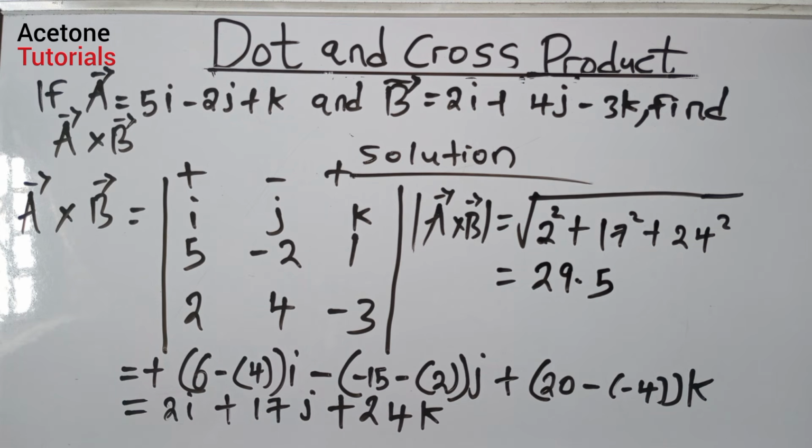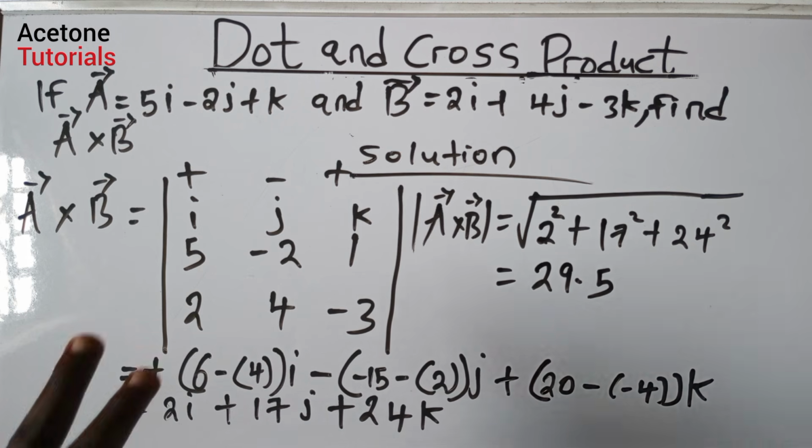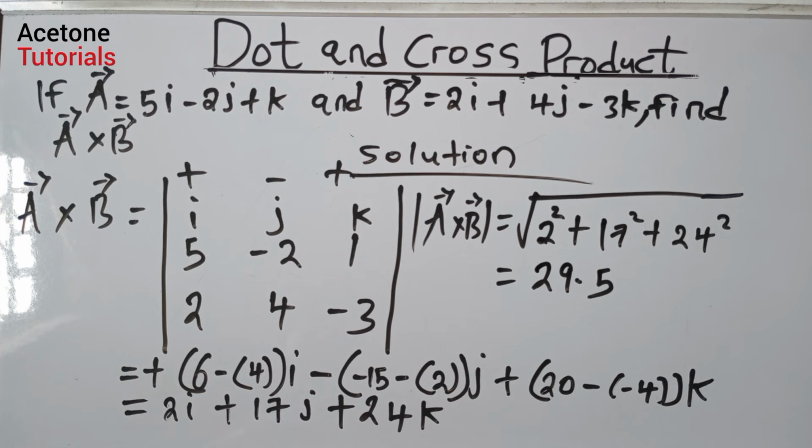So that is the magnitude of this vector. So that's how to do it. Just set out the vectors in matrix and use the determinant method to get the product vector. And if you need the magnitude, you can calculate it this way.